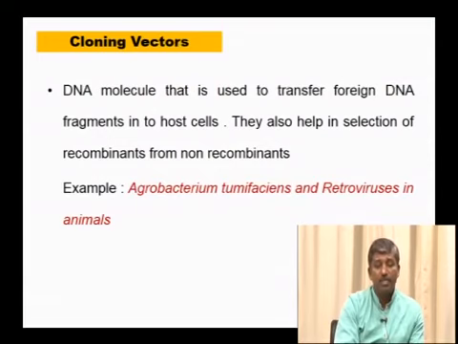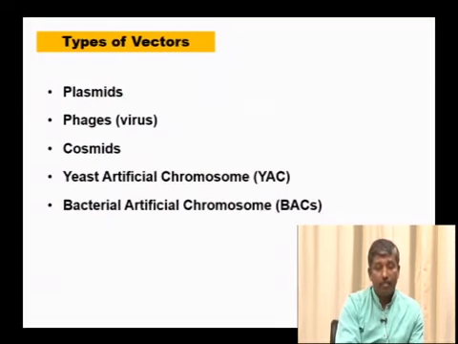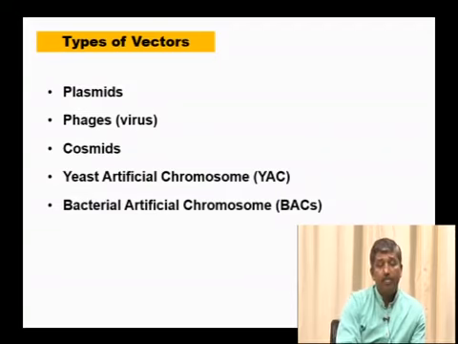Examples of some of these vectors: Agrobacterium tumefaciens for plants, retroviruses for animals, and even the synthetically constructed vectors like pBR322, pUC16, pUC18, etc. The common examples of these vectors: plasmids, phages, cosmids, YAC or yeast artificial chromosome, BACs or bacterial artificial chromosomes, etc.